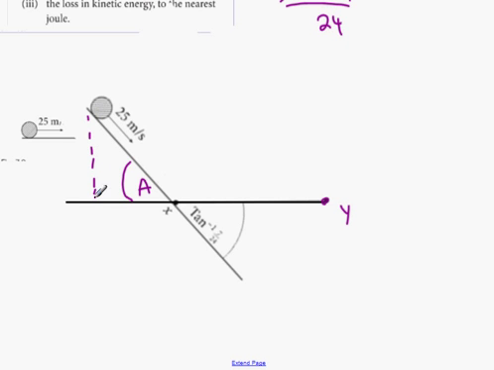So I'm going to break it up into its 2 components. Can anybody tell me what component this is going to be? Remember, it's 25 coming down this way. It's the opposite side, right? So sine or cos?